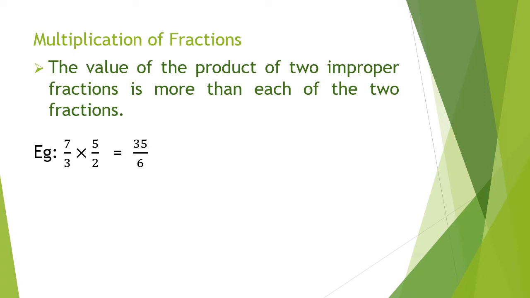When the improper fractions are multiplied, we get the product 35 upon 6. That is, the product 35 upon 6 will be greater than each of the fractions 7 by 3 and 5 by 2. That is, 35 upon 6 is greater than 7 by 3 and 35 upon 6 is greater than 5 by 2.